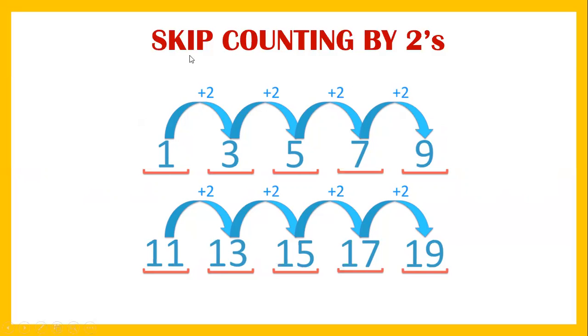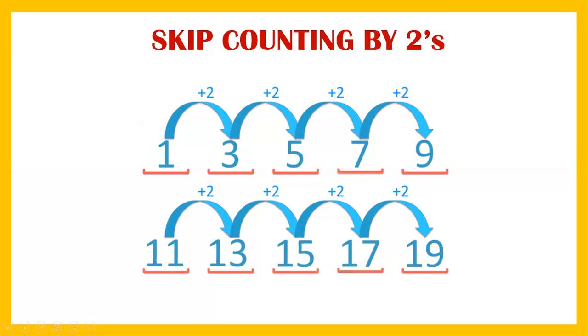If we skip count by 2, it becomes 1, 3, 5, 7, and 9. Next, given numbers are 11, 13, 15, 17, and 19. Okay, so you just need to add 2 to make it the next number.